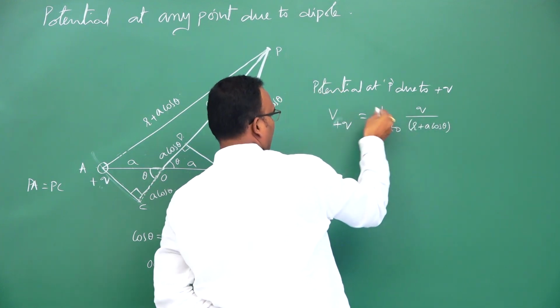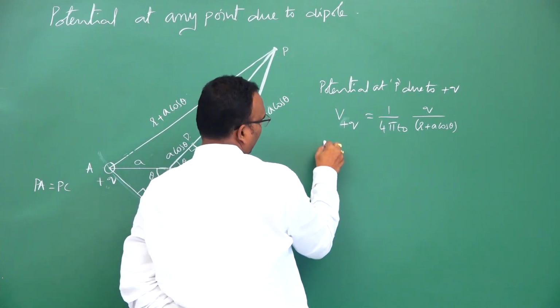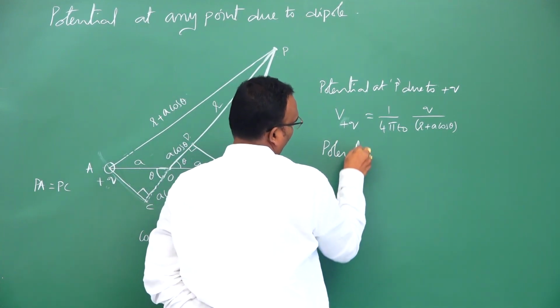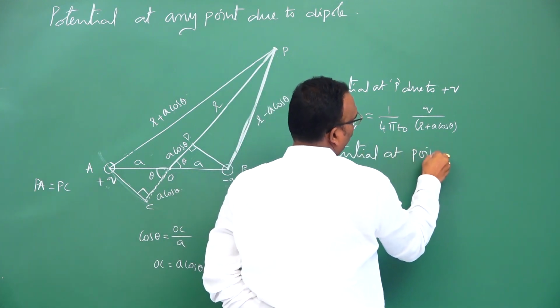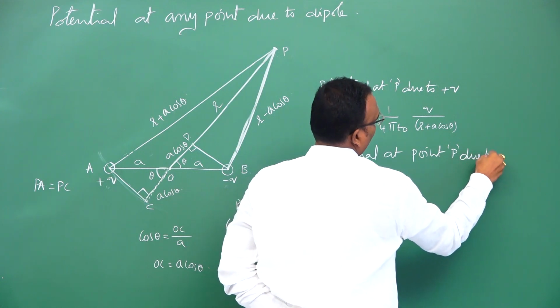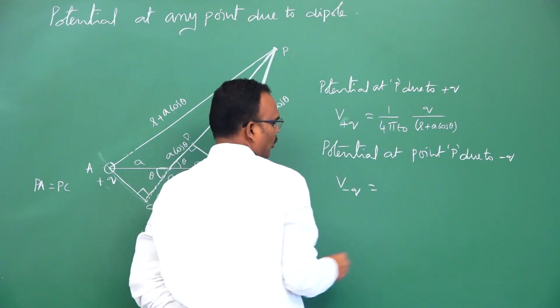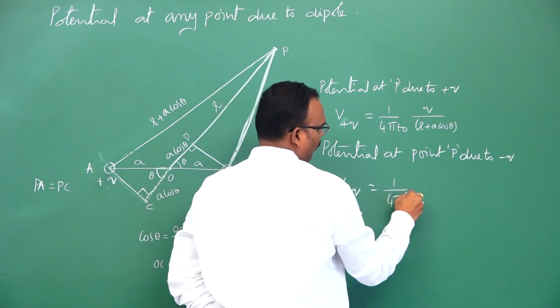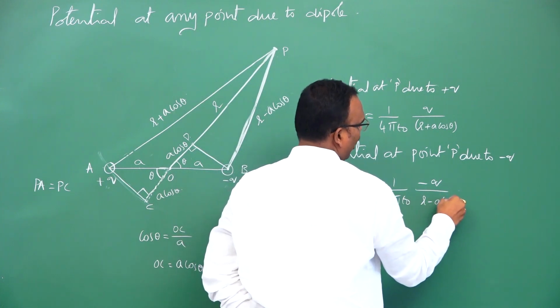Potential due to a positive charge is positive. Similarly, potential at point P due to the negative charge, that is minus Q, is 1 by 4 pi epsilon naught, minus Q divided by r minus a cos theta.